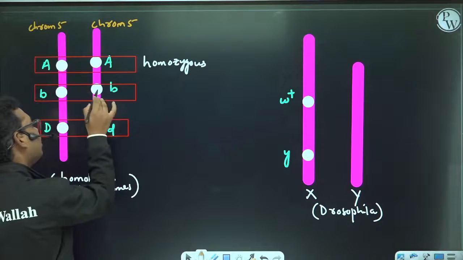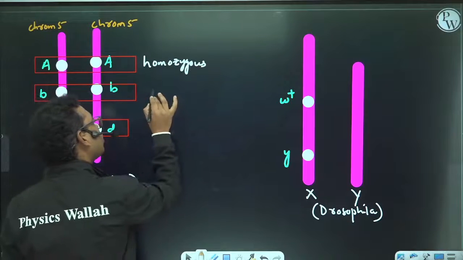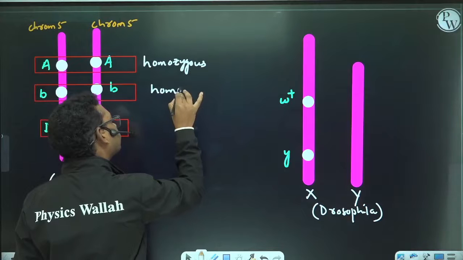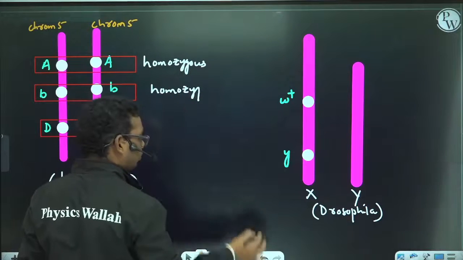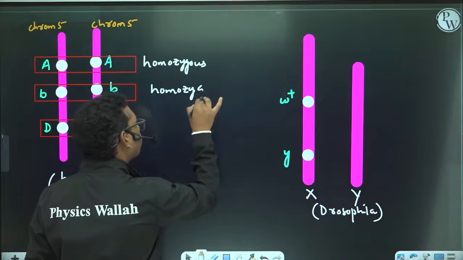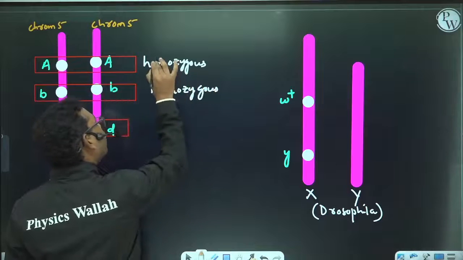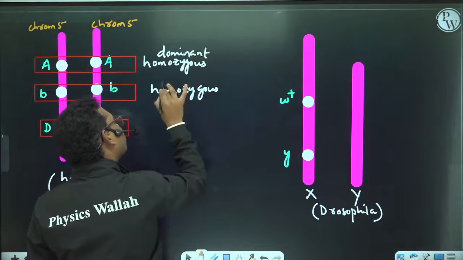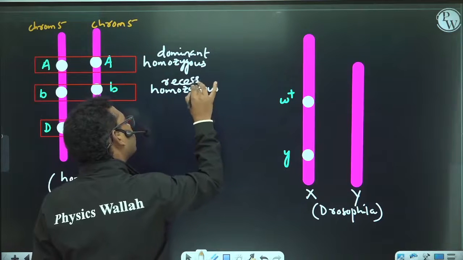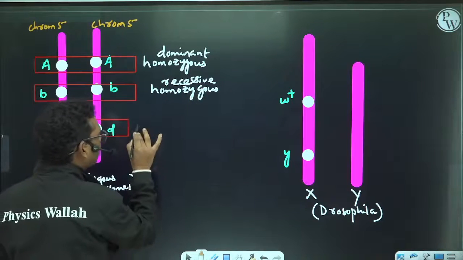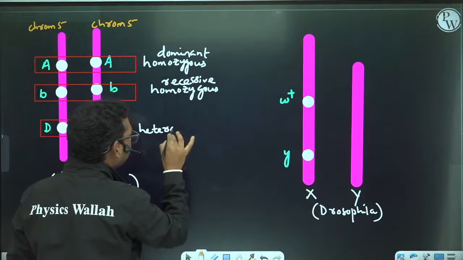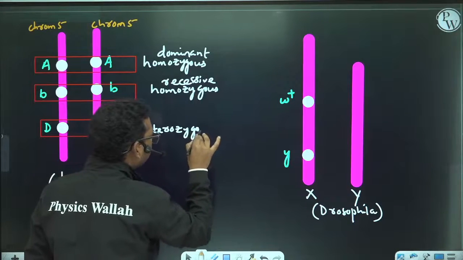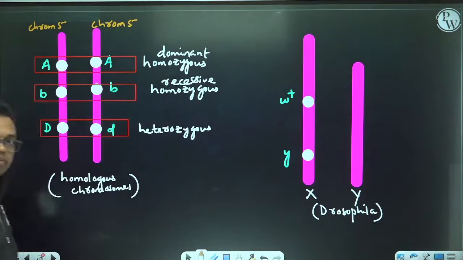Here also the alleles are of the same type, so this is homozygous or pure line condition. This is dominant homozygous condition, this one is recessive homozygous condition, and this one is called heterozygous condition or hybrid condition.